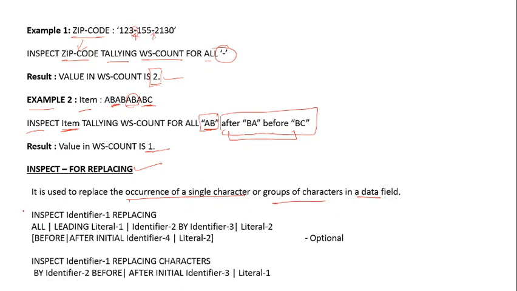This is the syntax: INSPECT identifier-1 REPLACING ALL or LEADING literal-1 or identifier-2 BY identifier-3 or literal-3. Meaning there will be a BY, you are going to replace this with this. And this will be optional, you have already read this. And the same for CHARACTERS also, like REPLACING CHARACTERS BY identifier-2.